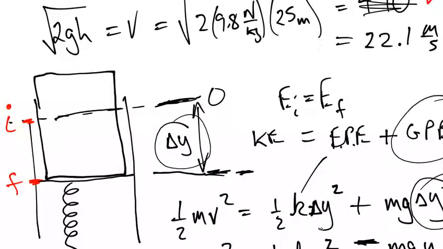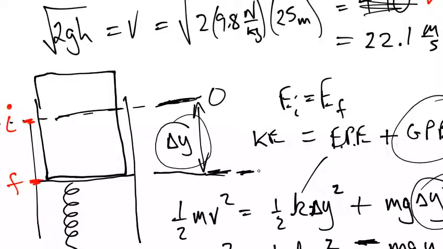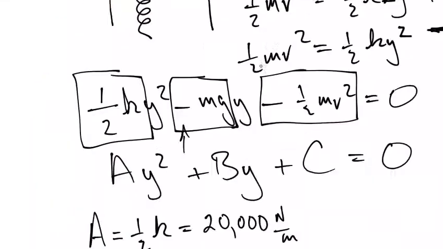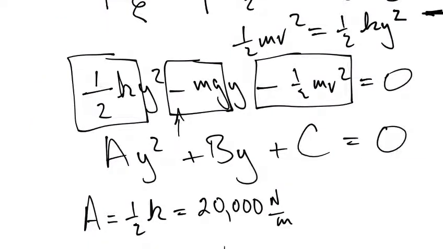So 22.1 squared, and I am getting negative 183,154. And that's in joules. So what do we do now?